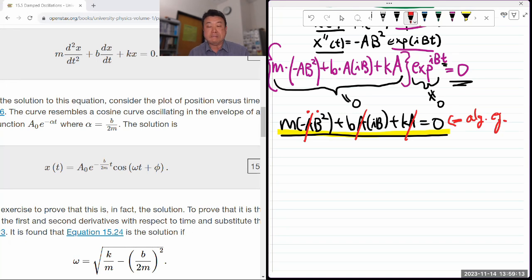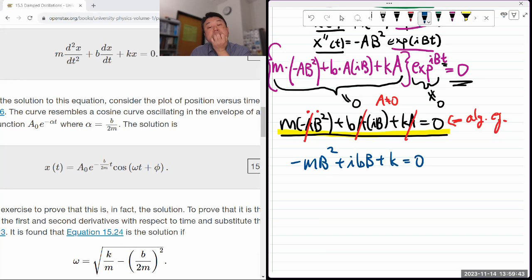If it's zero, then I have a trivial solution. So assuming A is not zero, I can cancel out all these factors of A. So I have this equation here: minus mb squared plus i lowercase b uppercase B plus k is equal to 0.